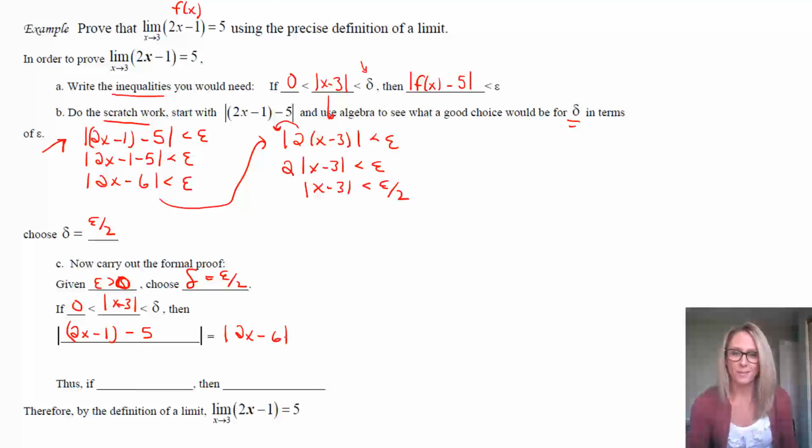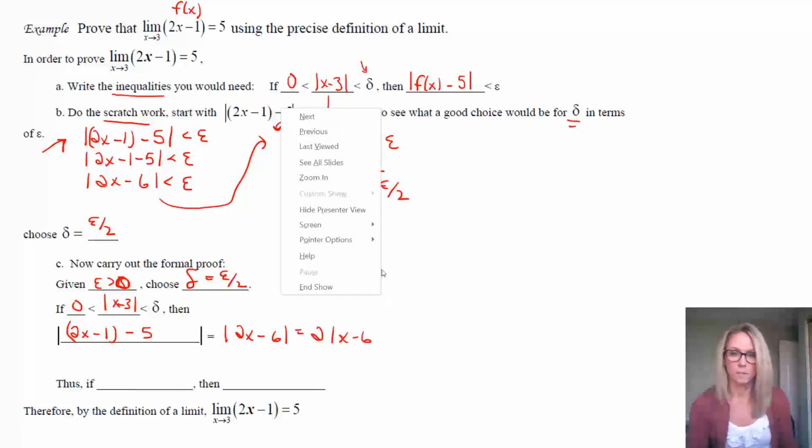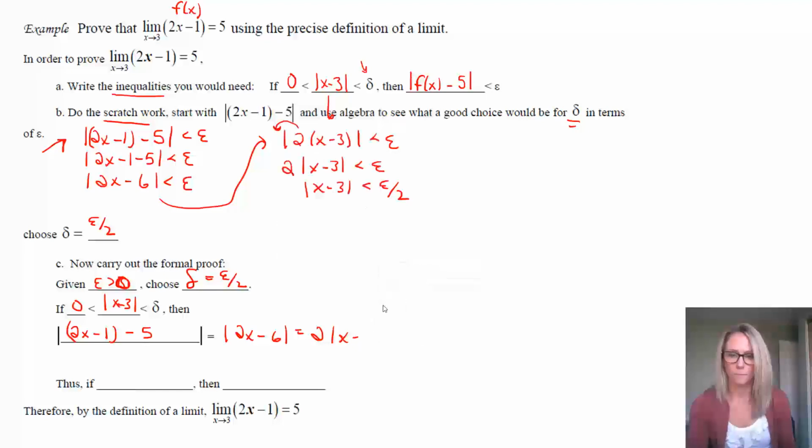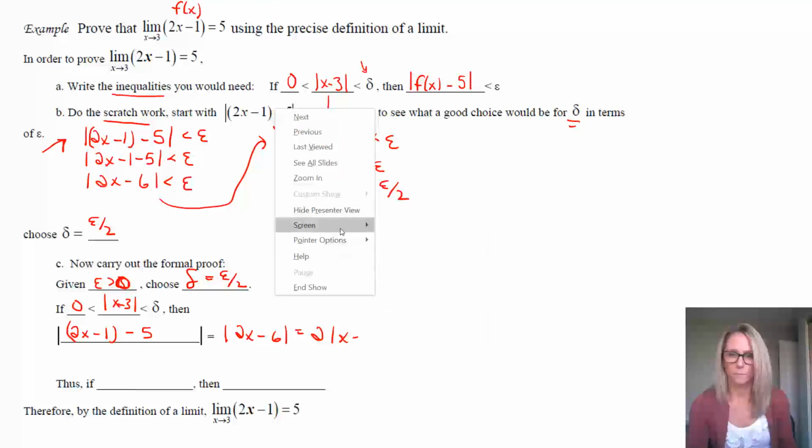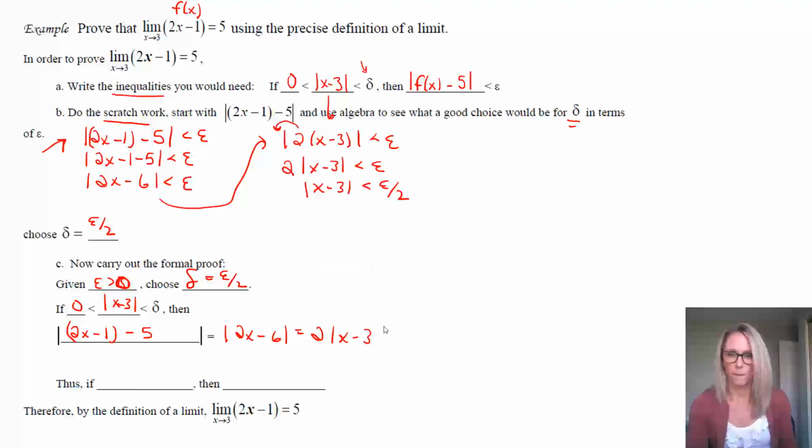So this is where the scratch work just comes back in. I'm just doing what we just did, working backwards here. We just take that, and we're just doing some algebra here.